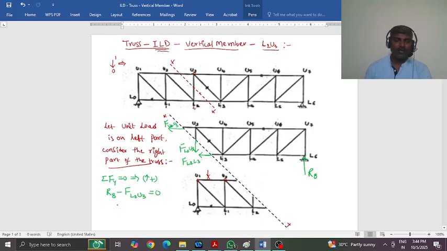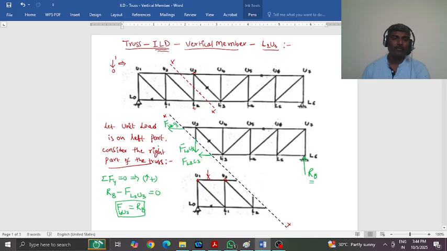From this, what I want is FL2U3, which is nothing but the RB value. So what it says is, when the load is on the left part of the truss, this vertical member force is equal to the support reaction RB.